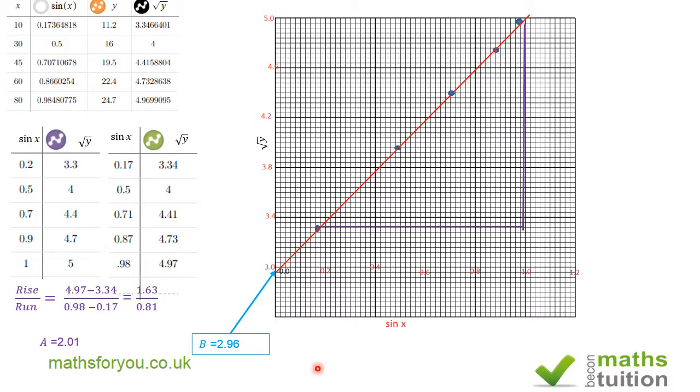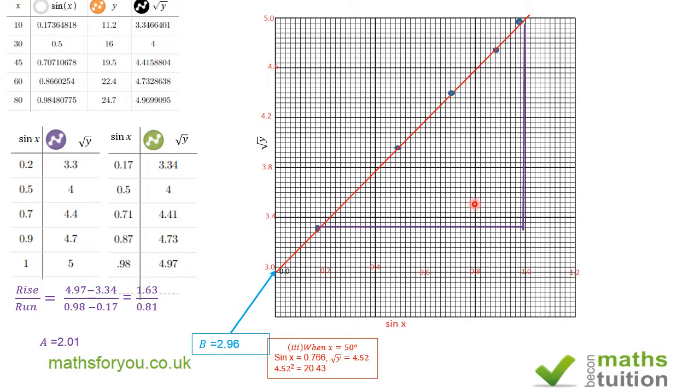Now for the third part, we are given that x is equal to 50, and we want to find the value of y. If x is 50, the sine of 50 is 0.766, which will give us a value right about there.